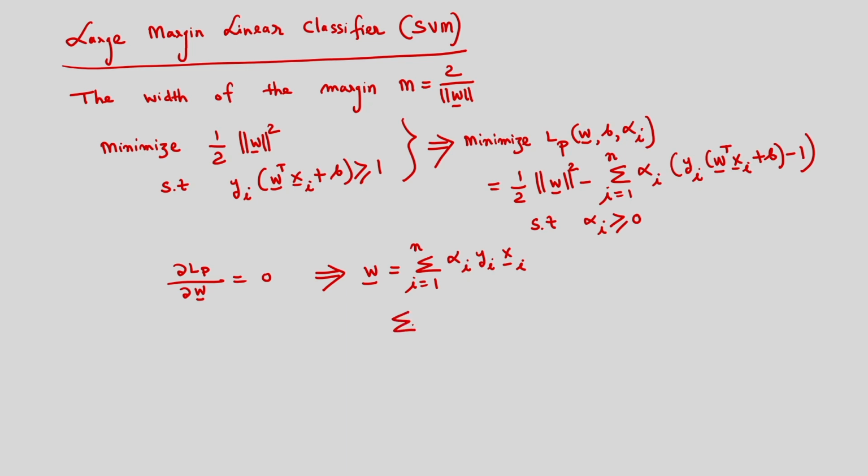Another condition we obtain by differentiating LP with respect to the bias b and equating it to 0. That condition is summation from i is equal to 1 to n of alpha i yi is equal to 0. So these two conditions I am getting: W I can determine, and summation of alpha i yi is equal to 0.